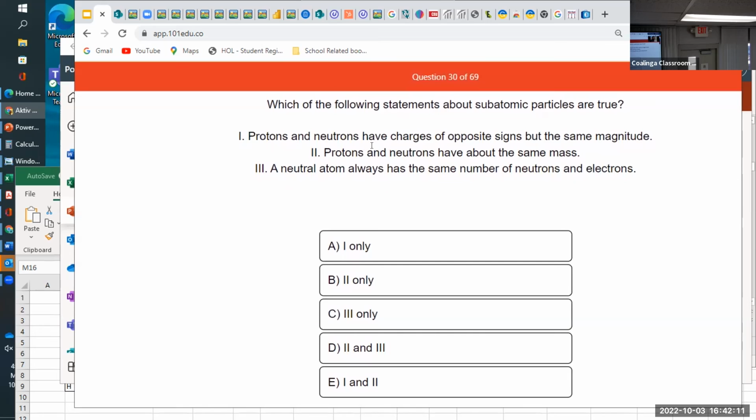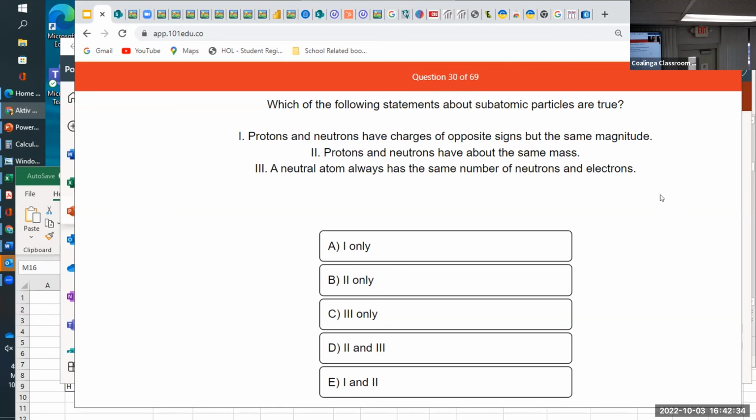Okay, so which of the following statements about subatomic particles are true? 1, protons and neutrons have charges of opposite signs but the same magnitude. 2, protons and neutrons have about the same mass. 3, a neutral atom always has the same number of neutrons and electrons. So which one is true?